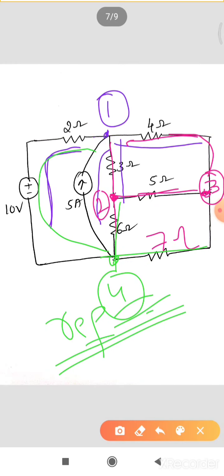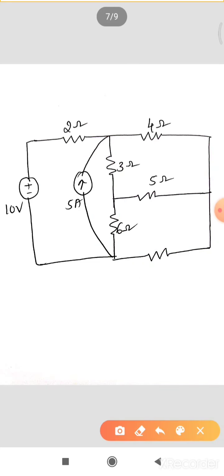This we are going to take as the reference, and the voltage at this node we'll mention as V0, and it is 0 volt. Remember one thing, how many nodes have we taken? 1, 2, 3. 3 nodes means 3 equations.